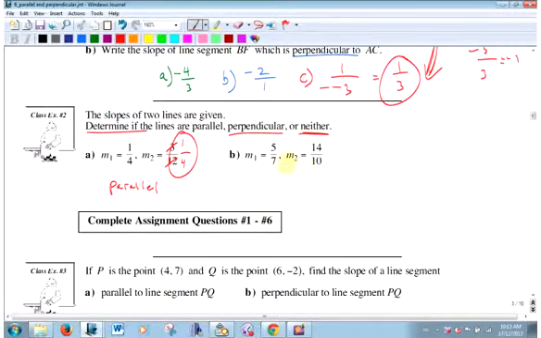All right, how about these? 5/7 and 14/10. First, let's reduce that thing. Okay? How can I reduce this? 2 goes into 10 5 times, 2 goes into 14 7 times. All right. Are they parallel, perpendicular, or neither?